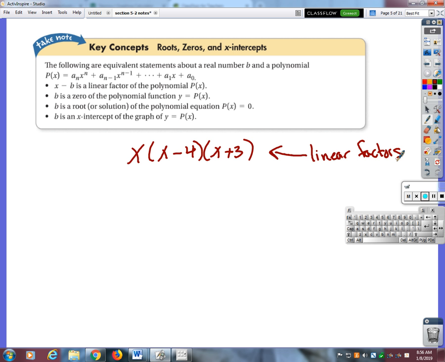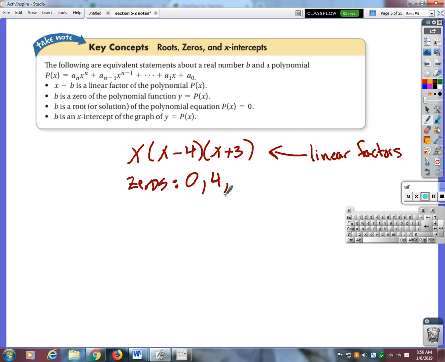Then if I were to set this equal to 0, what would x have to be to make it equal 0? 0. What would x have to be here to make it equal 0? 4, because 4 minus 4 is 0.